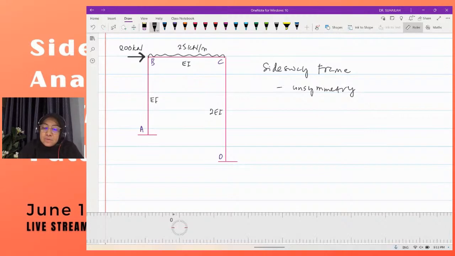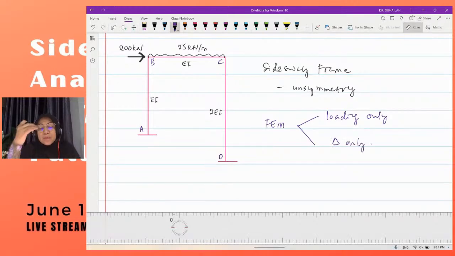In order to analyze a side sway frame, we have to understand that the fixed end moment has a formula to calculate the moment due to external loading only. Another one is due to side sway only, or due to delta only.